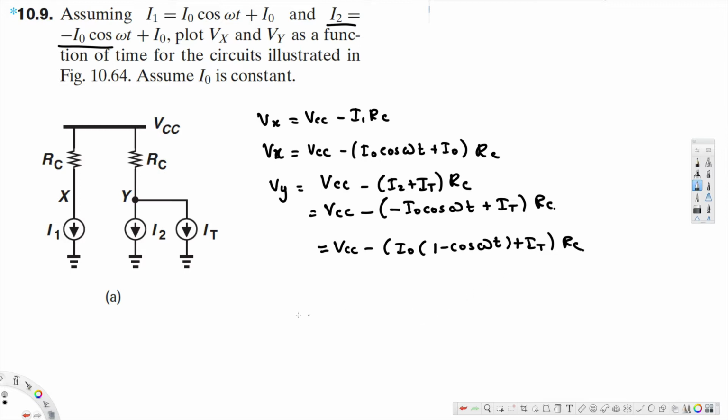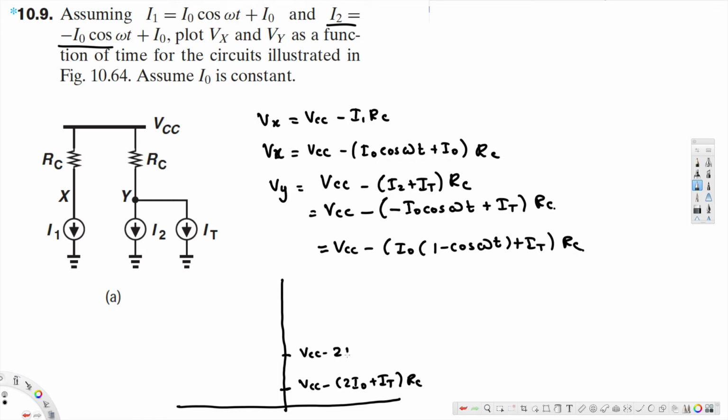Now let's go ahead and plot the voltage on a diagram. So first we have Vcc minus 2 I naught plus IT times Rc, and here we have Vcc minus 2 I naught times Rc.